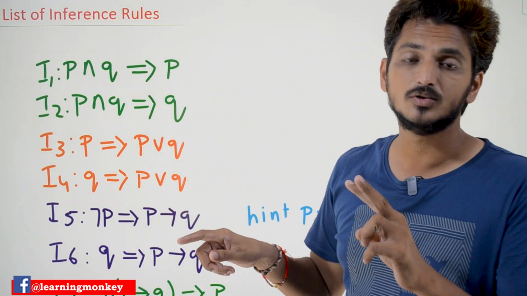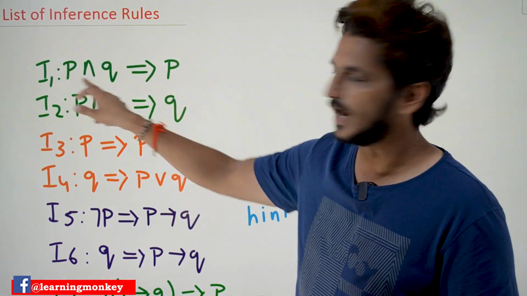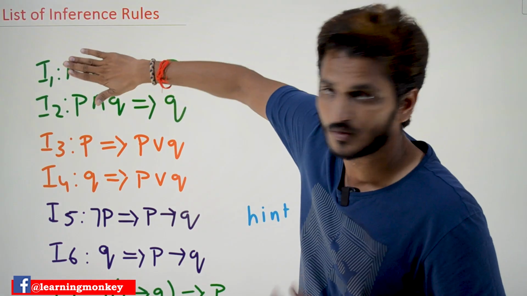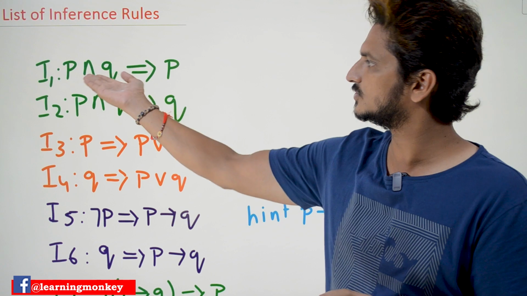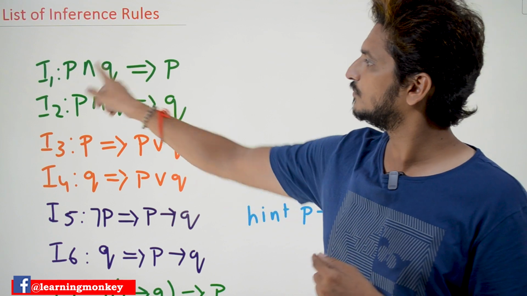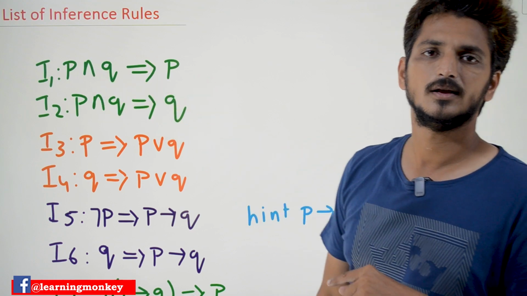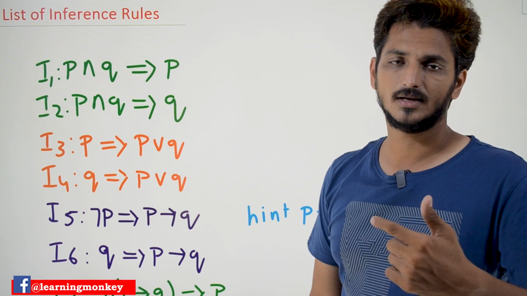If both the values are true, then only P conjunction Q is true. If someone says that this is a true value, then definitely you can say that P is a true value. Then we can say that P conjunction Q tautologically implies P. This is what you need to analyze.